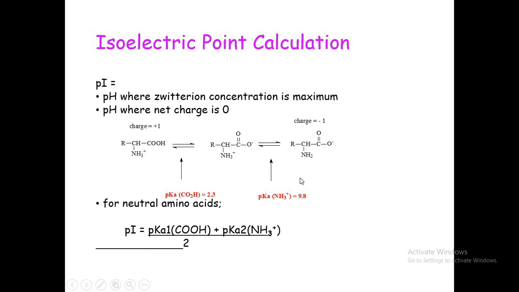You may have this question in your exam: if you are provided with two pKa values of an amino acid and asked to calculate the pI, you just add the two pKa values, for an amino acid with a non-ionizable R group, and divide by 2.